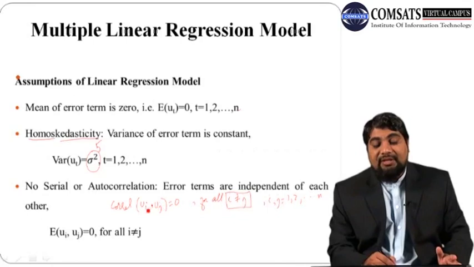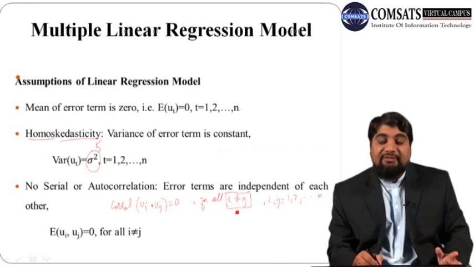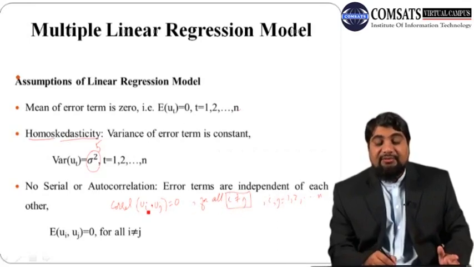Similarly, when i is 2, then j cannot be equal to 2 because i and j both are different. So when i is 2, it means correlation of u2, u1 and then u2, u3, u2, u4 and so on.